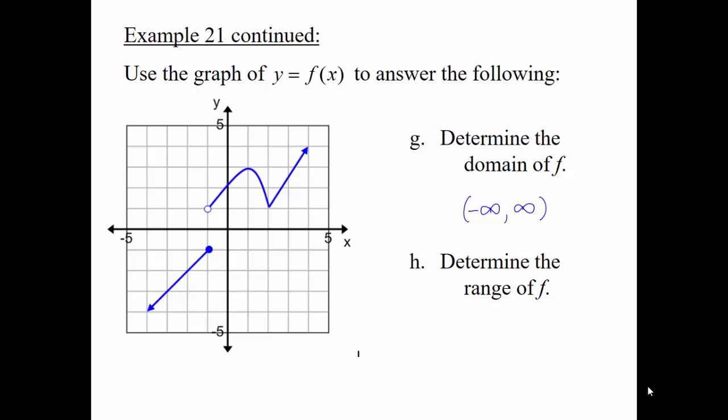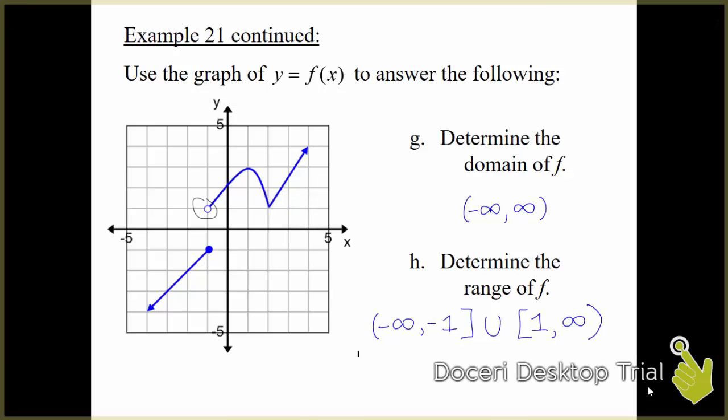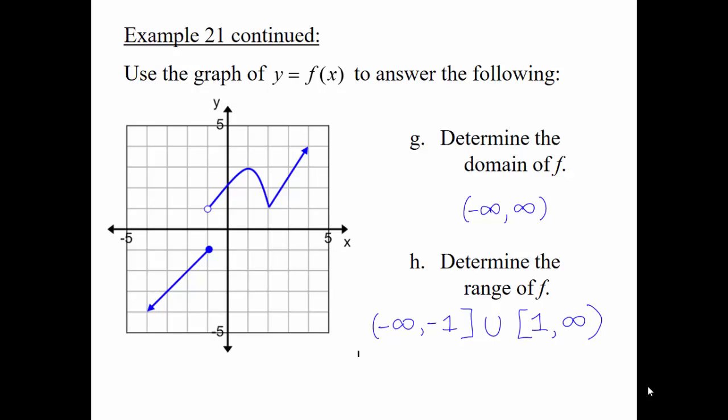It goes from -infinity to -1, then it unions with 1 to infinity. Why is that 1 included when we have an open circle here? Because of right here, it touches right there. So that's why the 1 is included with a square bracket. You have to be careful on some of these.